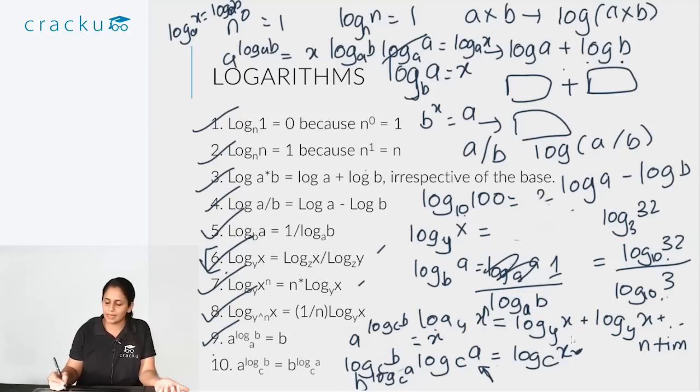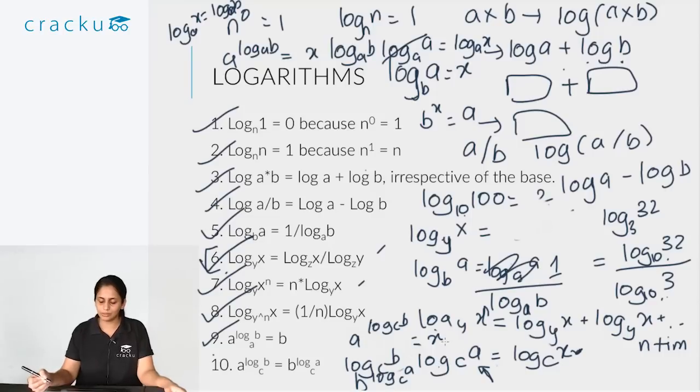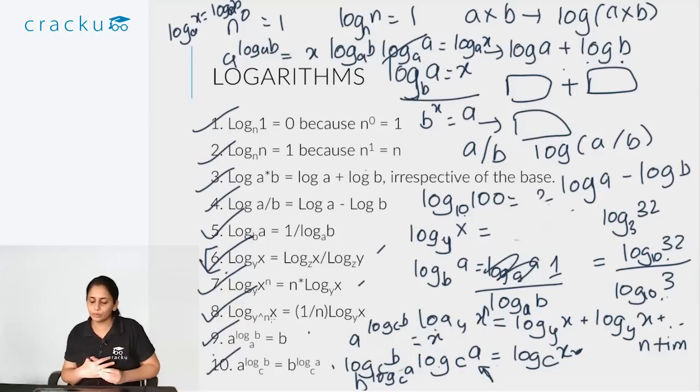So whether it is log of b to the base c into log of a to the base c or vice versa, it doesn't matter. By reordering, I can take this into the numerator and this into the index, and this is equal to b raised to log of a to the base c. So if you have this basic funda that these two rules are derived from the definition of how log is defined, then you can infer both of these. So these are the basic rules for log.